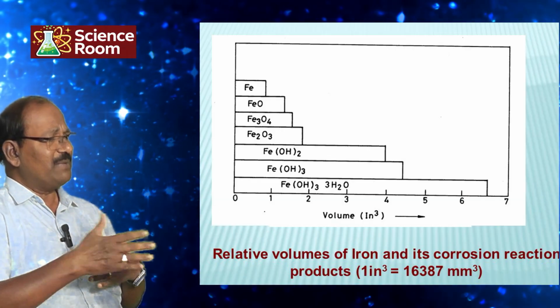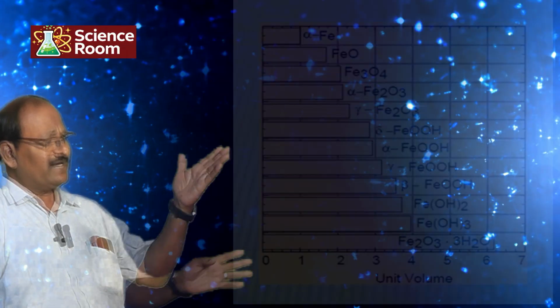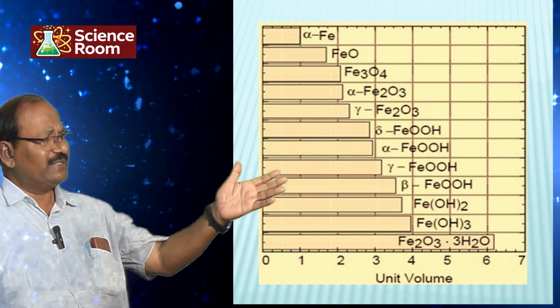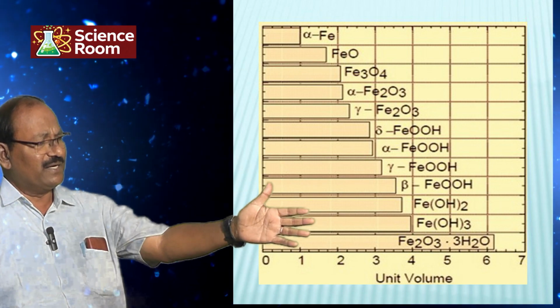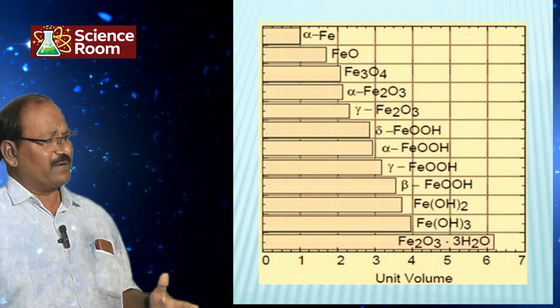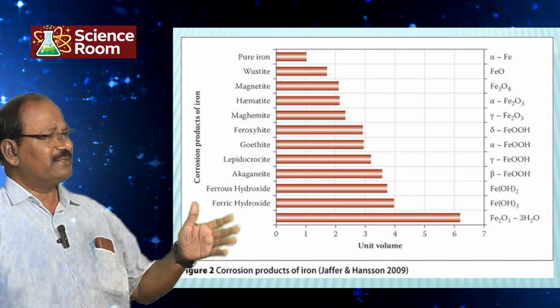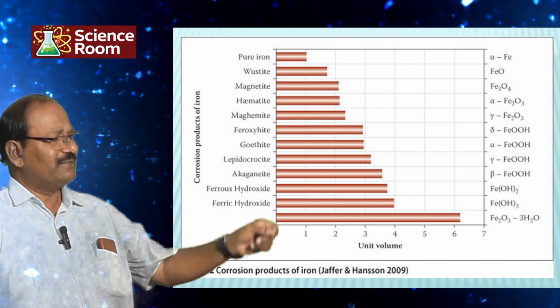That is why the delamination of the concrete and other things take place. These are the various oxide components, stage by stage, to reach 6.5, and they are given different names.